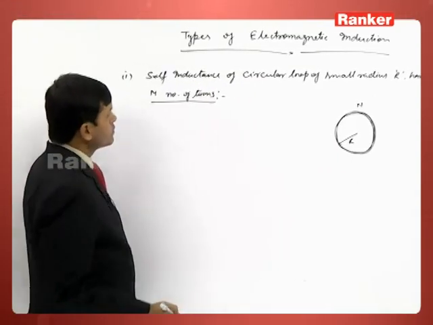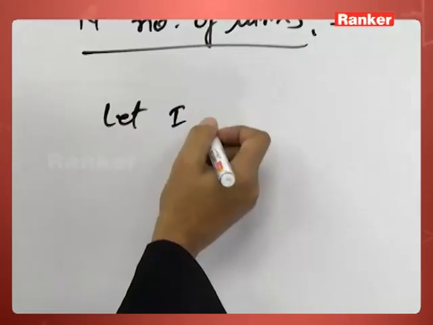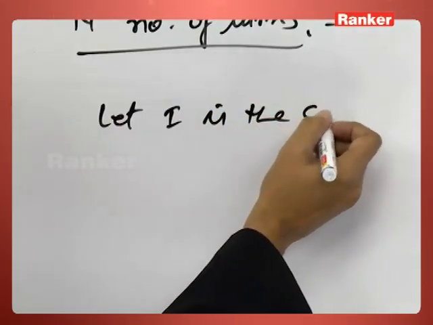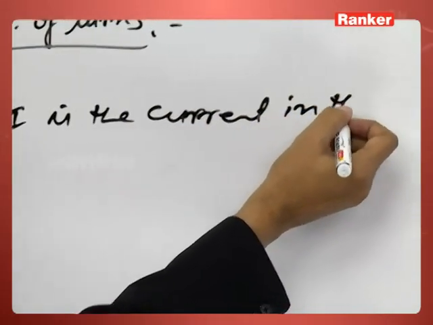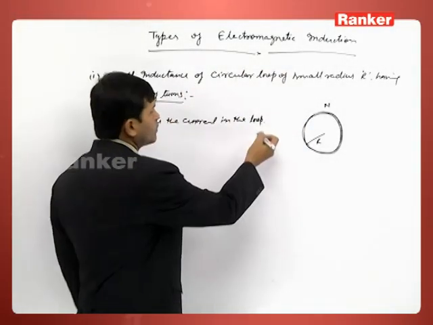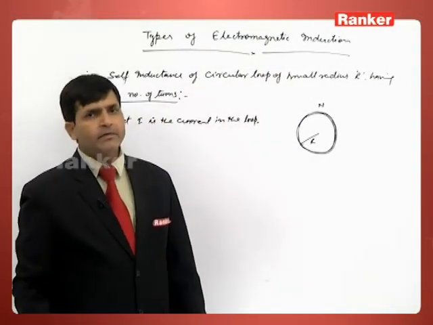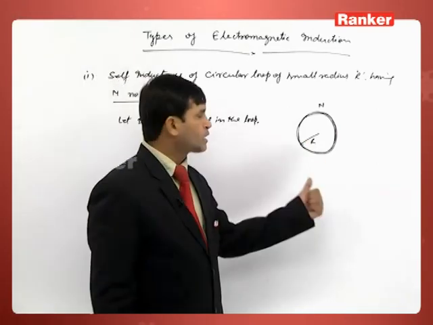So what we will do, let I be the current in the loop. If I is the current in the loop, we will try to find the self flux through that loop.